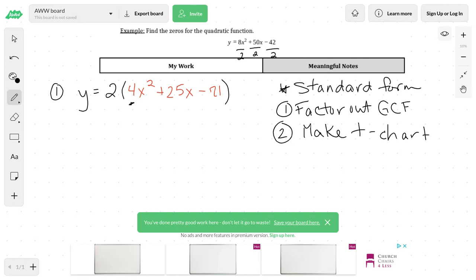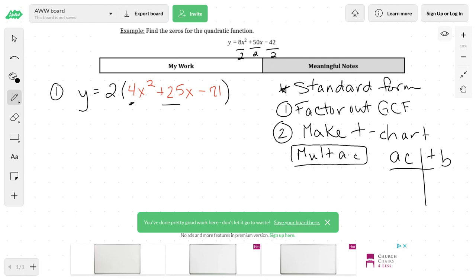This time we want to find numbers, but first we have to multiply our a and our c together. So this is a little different. We want to make a t-chart of numbers that multiply to whatever a times c is and add up to b. So not just multiplies to c, we actually want to multiply a times c first. Our a value is 4, our b value is 25, and our c value is negative 21.